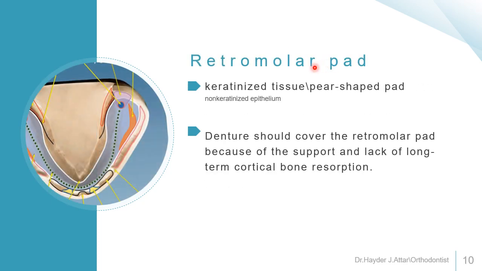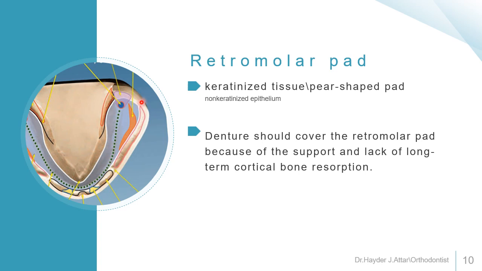The retromolar pad area represents the distal end of the alveolar ridge of the mandibular denture. It's a triangular pad, and the anterior portion of the triangle is keratinized tissue of the remnant gingiva of the third molar, and this area is called the pear-shaped pad. The posterior aspect of the triangle represents the insertion area of the fibers of the temporalis tendon and the buccinator and superior constrictor muscle, in addition to the pterygomandibular raphe.